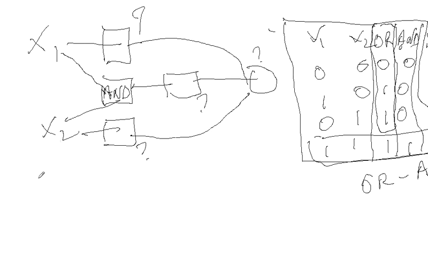So now let us take weight W1 equal to 1, W2 equal to 1 again, and theta equal to 1. So try to compute here. Here x1 is 1 with weight 1, and x2 is 1. So x1 into 1 plus x2 into 1. For 0 0 you will get 0, no issue.